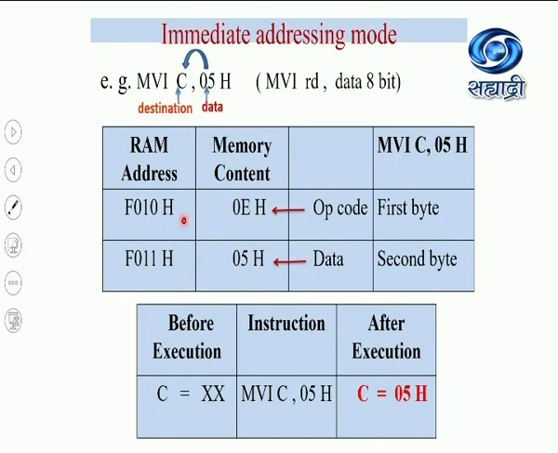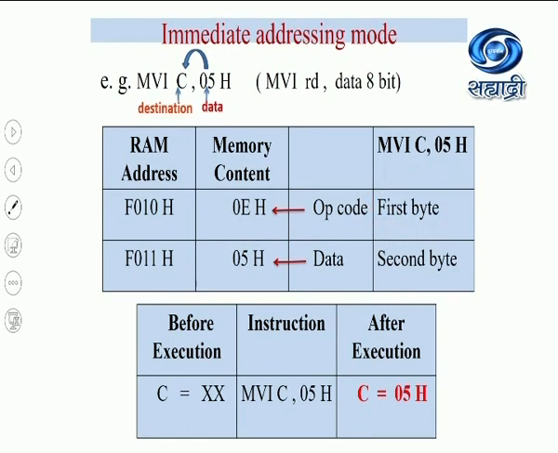So in the first column here you can see the addresses of the RAM memory locations, then the memory content, the data which is stored at this location. So at F010, 0E, which is the opcode for the instruction MVI C,05H, is stored. This is the first byte of the instruction.